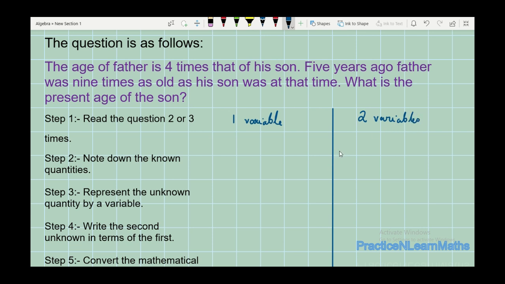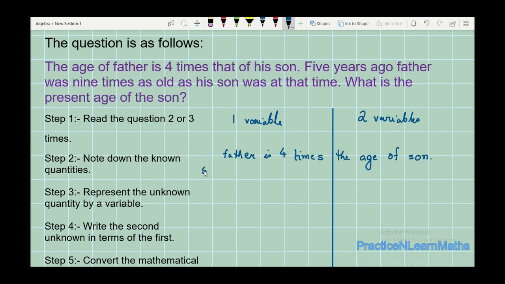Okay, now you can read the sum 2 or 3 times. Next, note down the known quantities. Okay, known quantities for both are same, like father is... That's the first thing that we know.